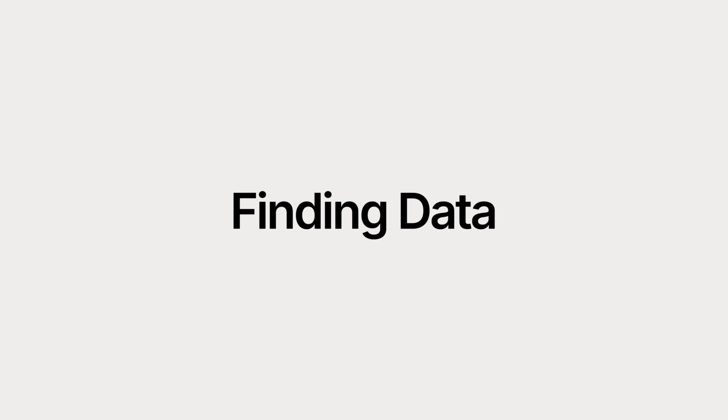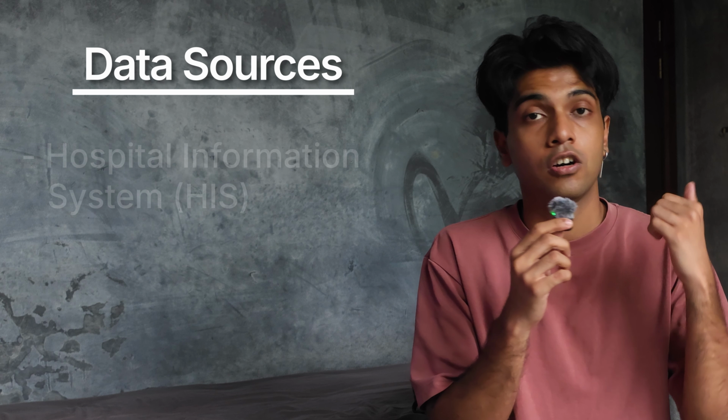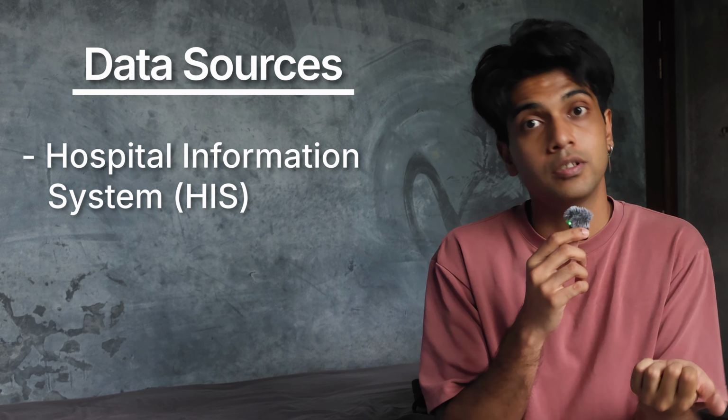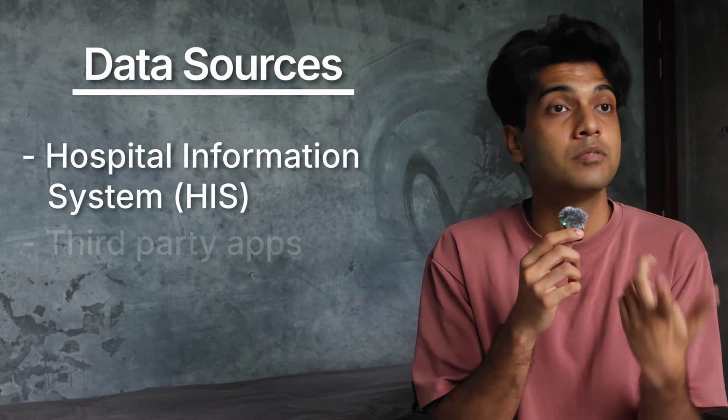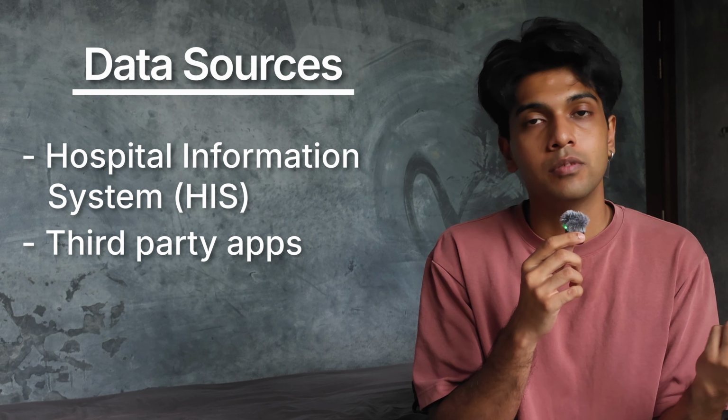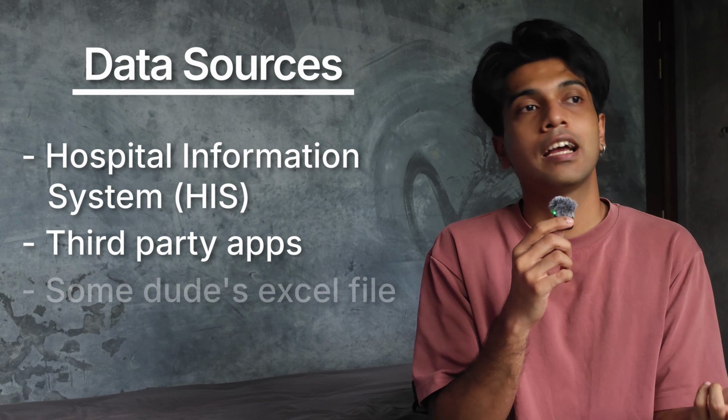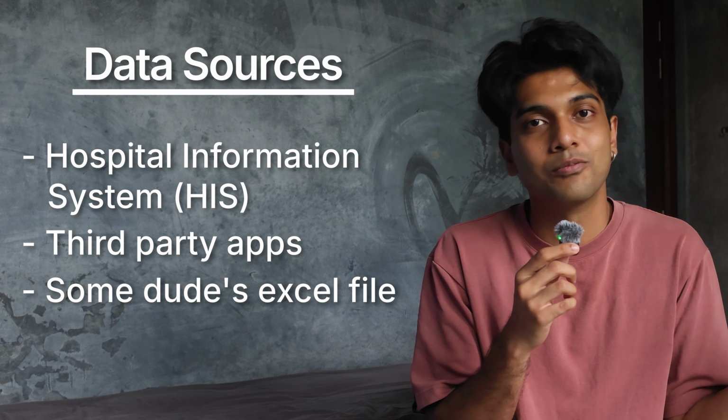But here's where it gets technical. The first challenge is finding the data because it's almost never sitting in one place in the way we need it to be. Depending on the project, we look at different locations. Firstly, the hospital information system, which is the hospital database. Then we have third-party applications that the hospital may be using, and also Excel sheets, so the data could be in someone's computer.